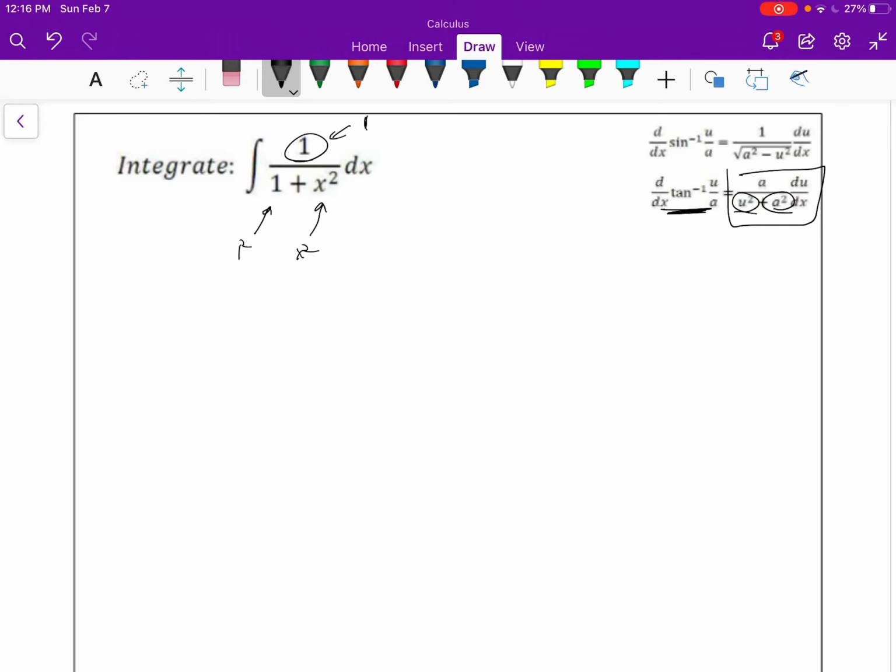So if the derivative of inverse tangent was a over u squared plus a squared, the integral of a over a squared plus u squared is going to be inverse tangent. So this is going to be inverse tangent of x over 1, x over a, plus c, which obviously we don't have to put the over 1 there.